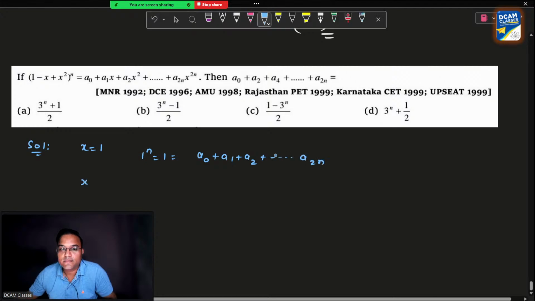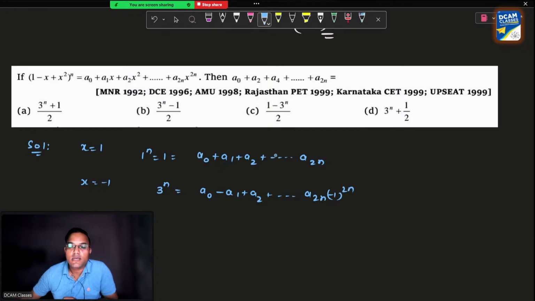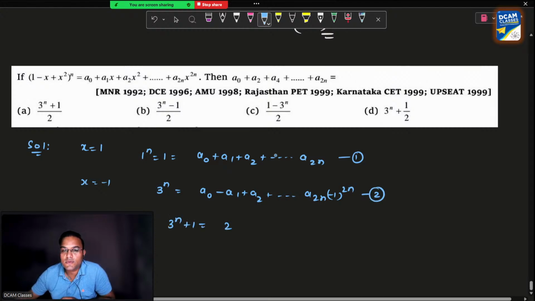And if you put x is equal to minus 1, you will be getting 3 power n is equal to a0 minus a1 plus a2 plus and so on a2n, because minus 1 whole power 2n is positive. So when you want only even terms, you have to add them both. So 3 power n plus 1 will be equal to 2 times, and these odd terms will be cancelling each other.